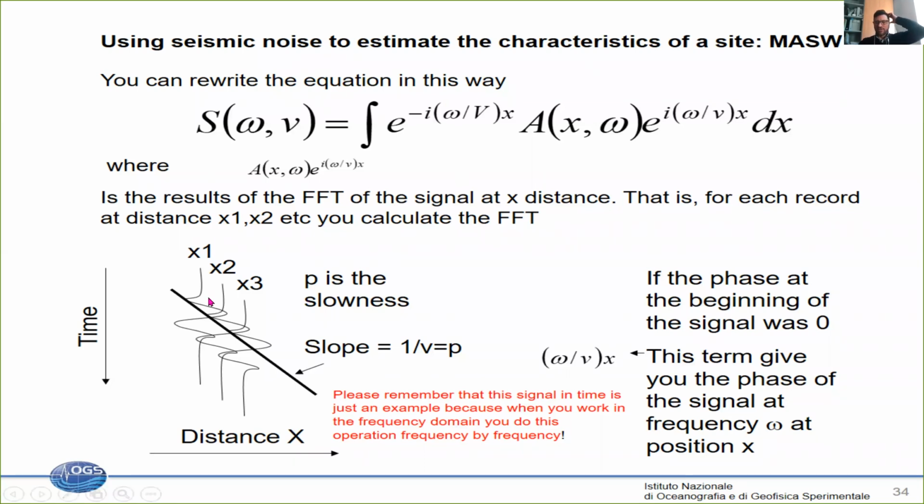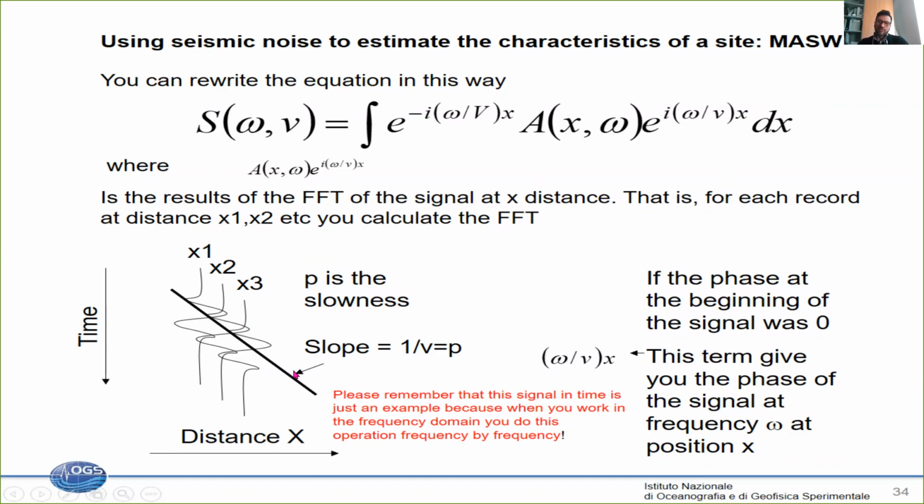So if you think of this in the time domain for a single sinusoid, we said if the distance is increasing from the source, x1 is the nearby point, x2 is a middle point, and x3 is the farthest point, my wave will arrive later in the farthest point.